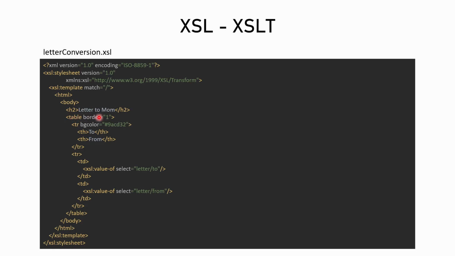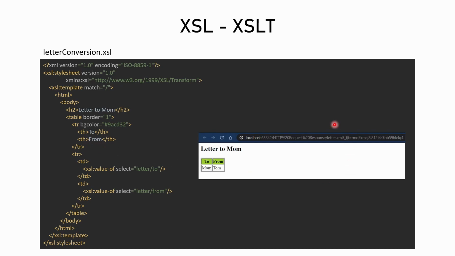Okay, so we have defined the table border as 1, and after that we have created a table row element, and we have defined the background color for that table row as well. Inside this table row, we will have two table headers, to and from. So if you look back at the rendered format that Chrome showed us earlier, you can see that we do have to and from as our column headers, and they have the background color that has been defined using the tr_bg color attribute.